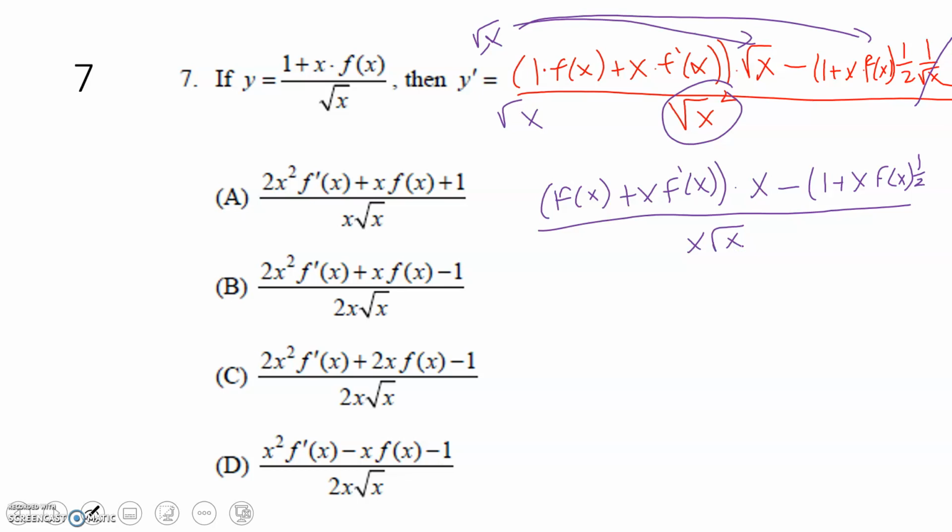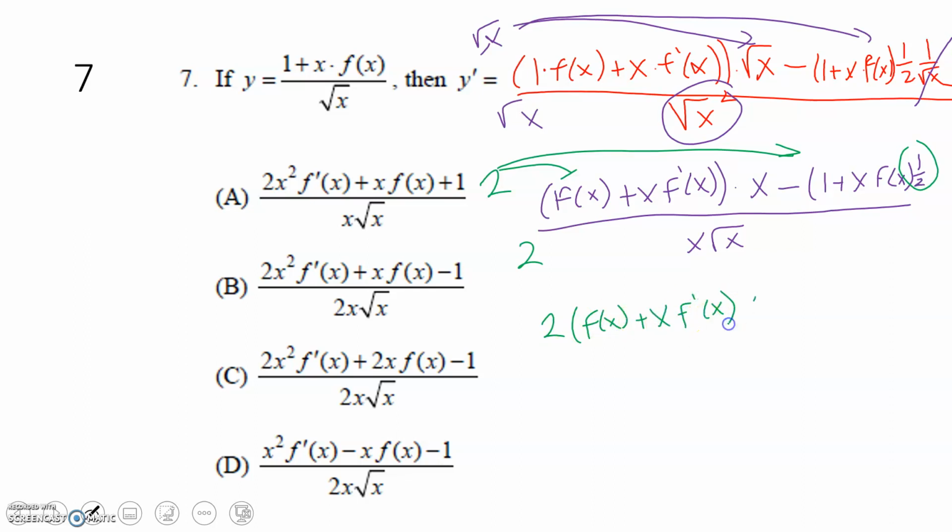Now, similarly, we would like to get rid of that half that we see over here. So we're going to multiply by 2 on the denominator and the numerator, and it's going to get distributed. So we get 2 f of x plus x f prime of x minus 1 plus x f of x, and then that 2 cancels that 1/2, and then we have 2x rad x in the denominator.